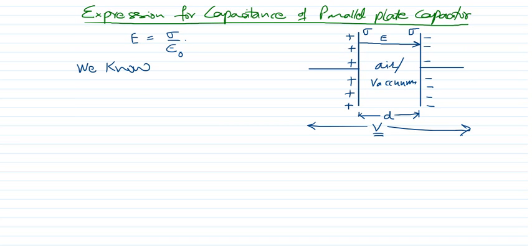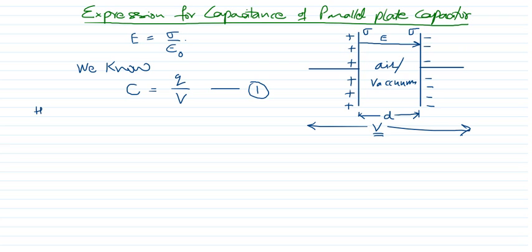What we know, C is equal to Q upon V. C is equal to Q upon V, equation number 1. We will use this equation to derive the expression for the capacity of a capacitor. Now we will put the values of V and Q.